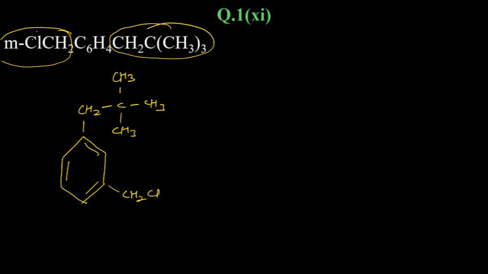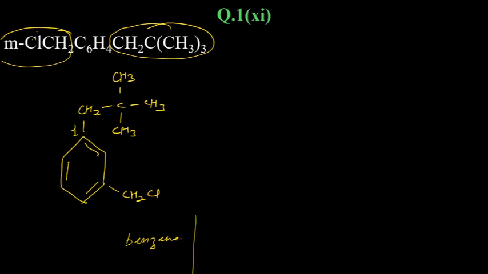Because this benzene ring has two branches, the benzene ring will be the main chain. So it is actually benzene. But which one should be the first?